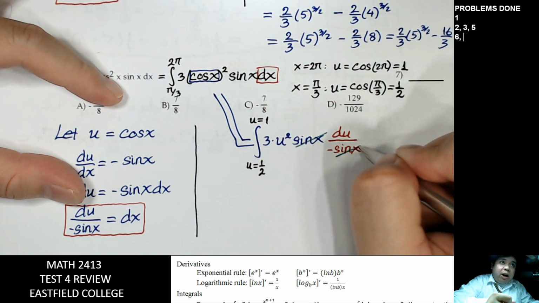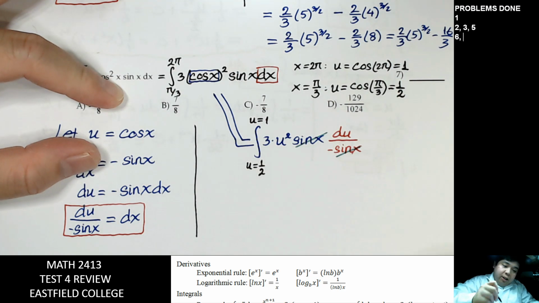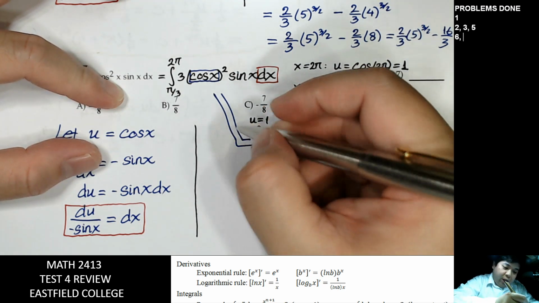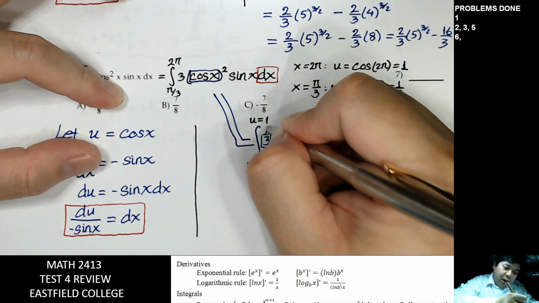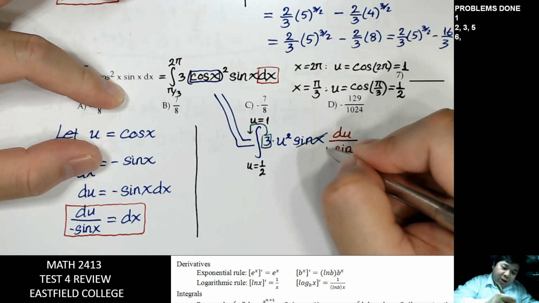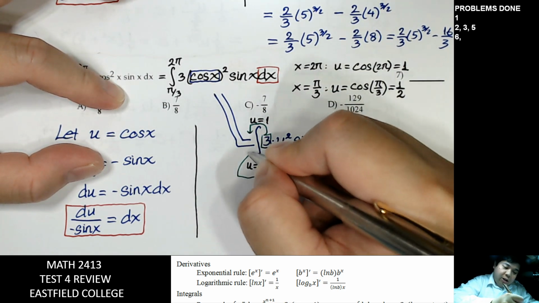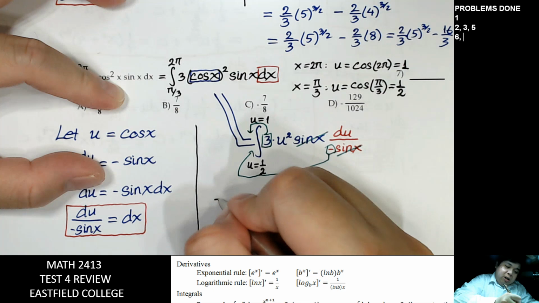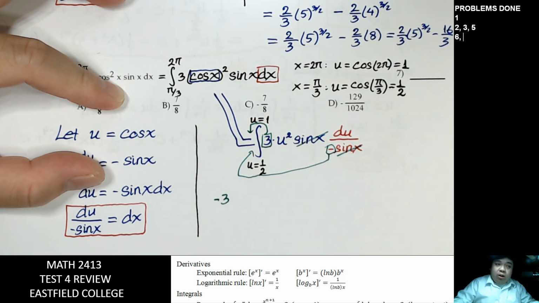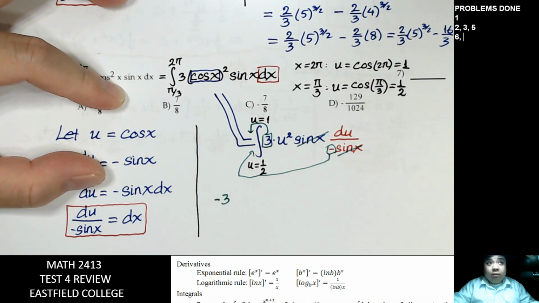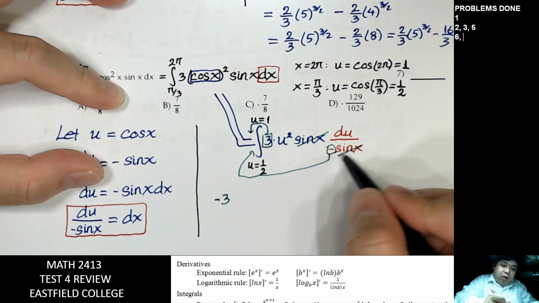Sine x cancels out, and we will have the 3 on the top. I move that outside, the minus as well on the outside. So 3 and minus 1 in front of the integral. And nothing at the bottom here.